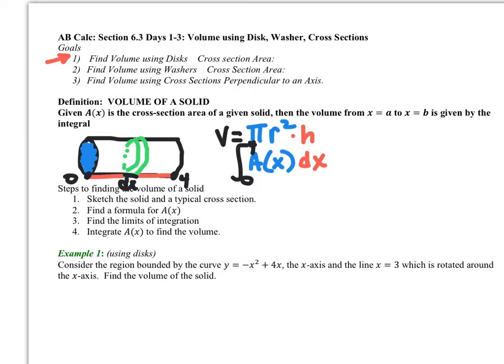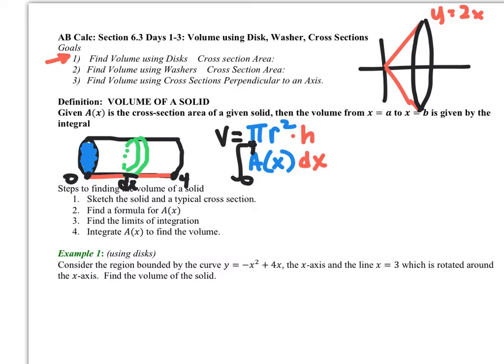So how does this apply to functions? Well, if I have a function like, let's say, y equals 2x, and I revolve that around the x-axis, I would end up getting this solid cone.